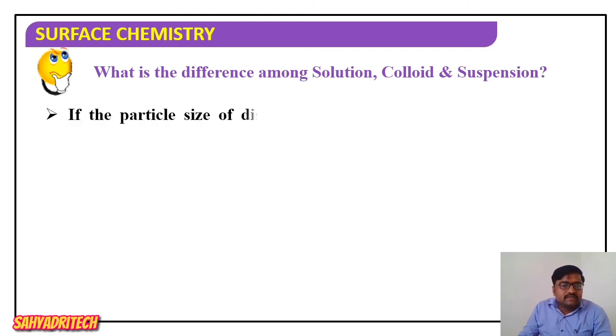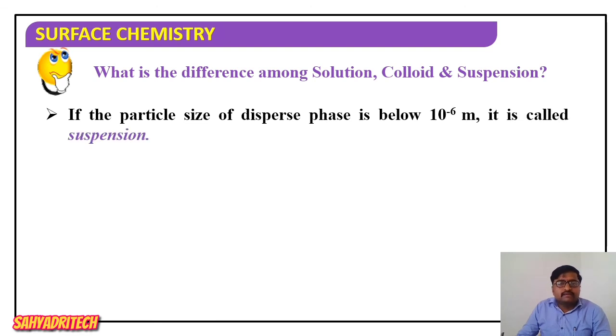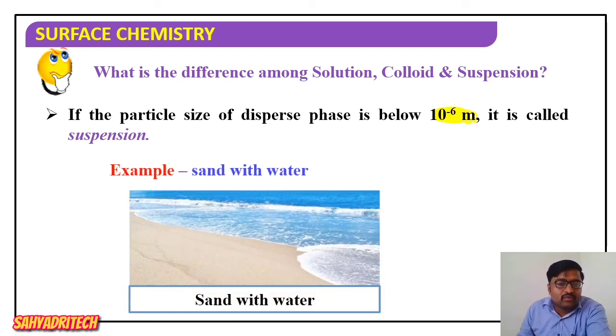Next, if the size of the dispersed phase particle is above 10 raised to minus 6 meter, I can say more than 1000 nanometer, then it is called a suspension. The example is sand with water. So three types: true solutions, colloidal solutions and suspensions differ from one another because of the size of the dispersed phase particles.